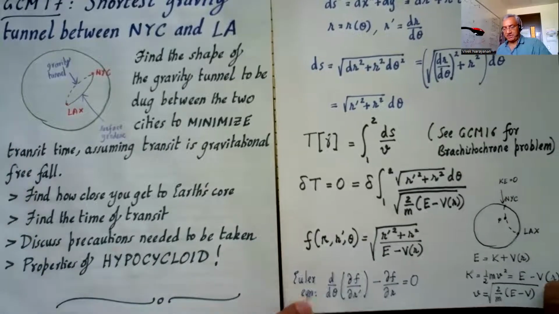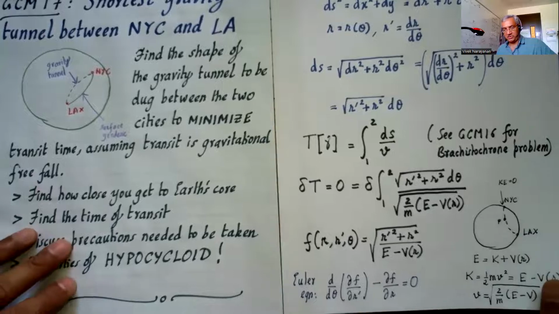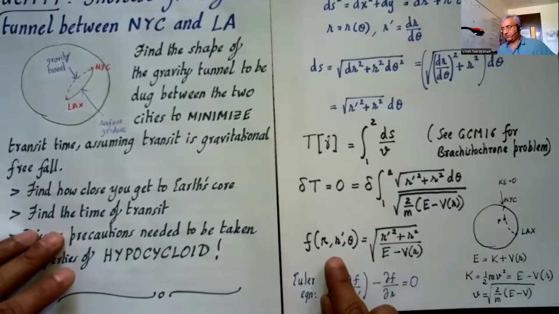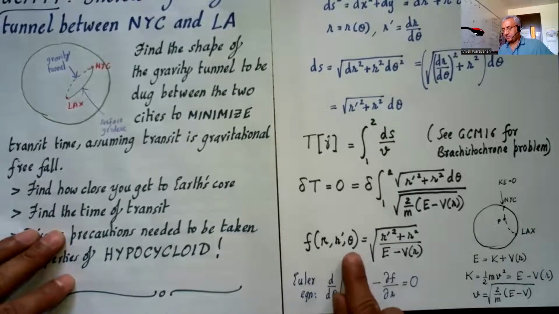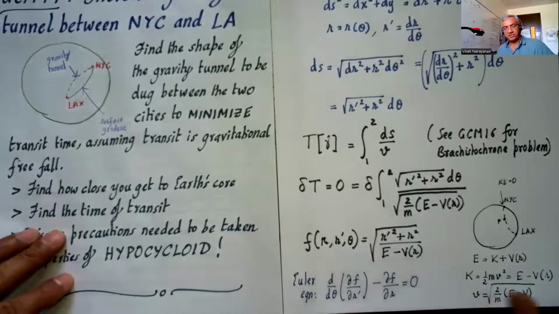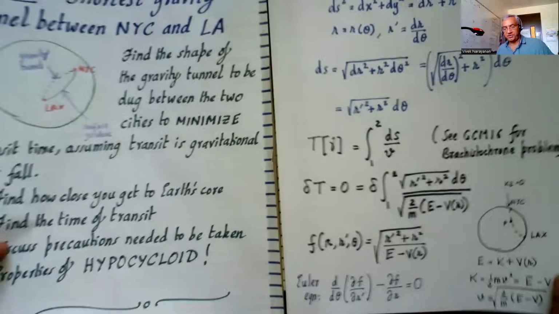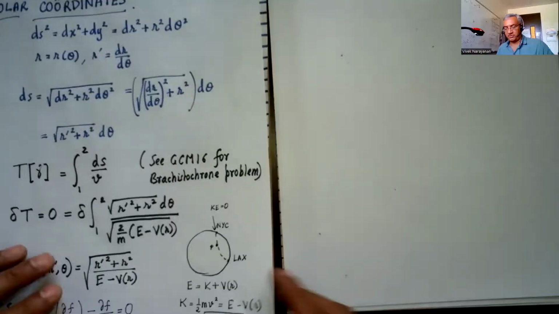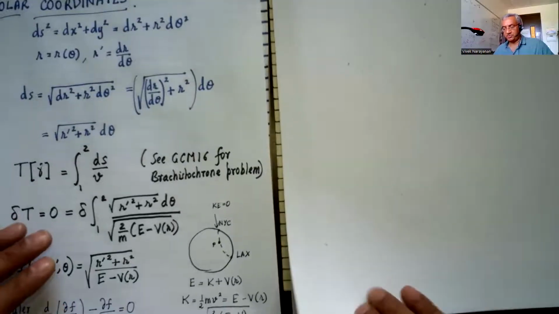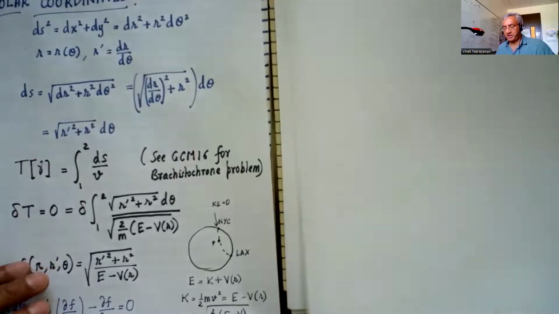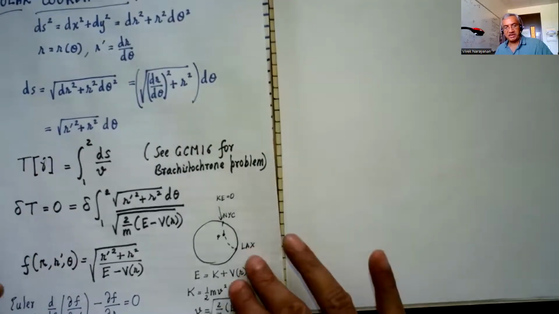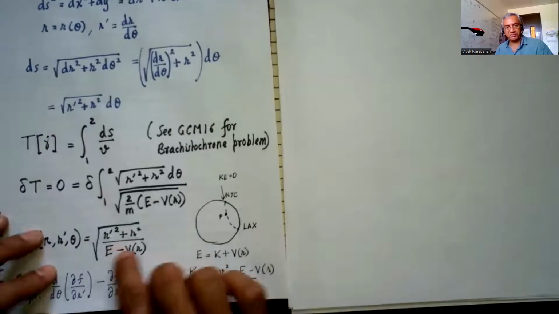Now, last time we proved a corollary, and that is if f does not depend on theta, then we can conserve the so-called Jacobi integral. I refer you to the previous video for the proof of that corollary. Here also, you notice that theta never appears anywhere in this expression.